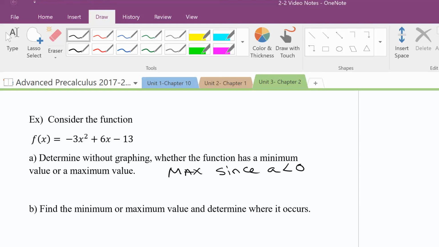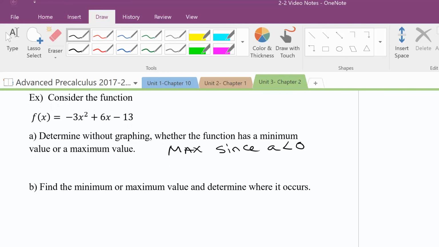So now to find the maximum or minimum value, in this case the maximum value, we're going to find the vertex. So negative b over 2a is going to equal negative 6 over 2 times negative 3. So it's negative 6 over negative 6, which is 1. But remember, the maximum or minimum value is the y. So we got to find f of 1.